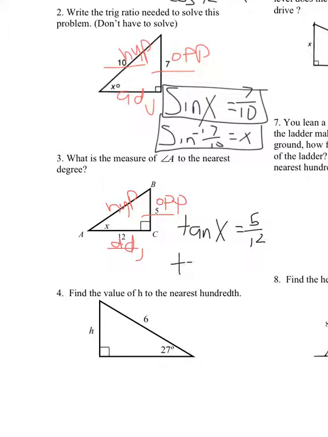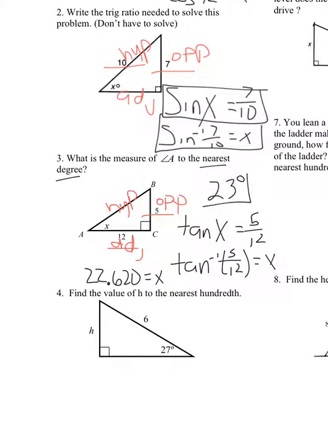The inverse is written tangent -1, 5 over 12 equals x. Put that into your calculator, you get 22.620. And it does say to the nearest degree, so if it's multiple choice, you'll probably have an option, or if it's a free response, go ahead and show the work to get this, but then put the 23 as the nearest degree actual answer. Okay?